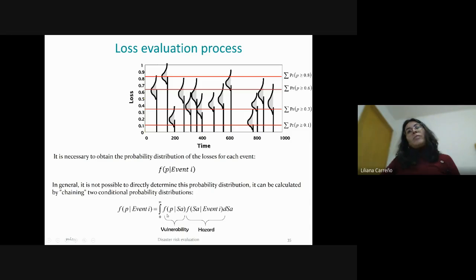The first one, the probability to have a level of losses due to an intensity, which is related with the vulnerability of the exposed elements. And the second one, the probability to have an intensity given the occurrence of an event, which is a component related to the hazard.